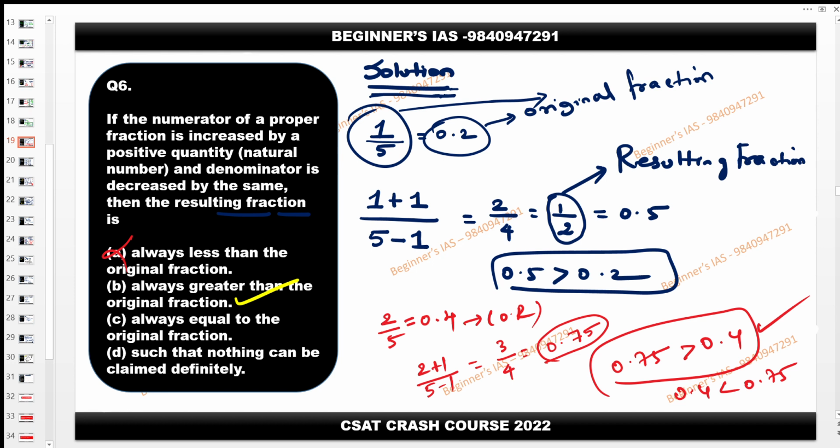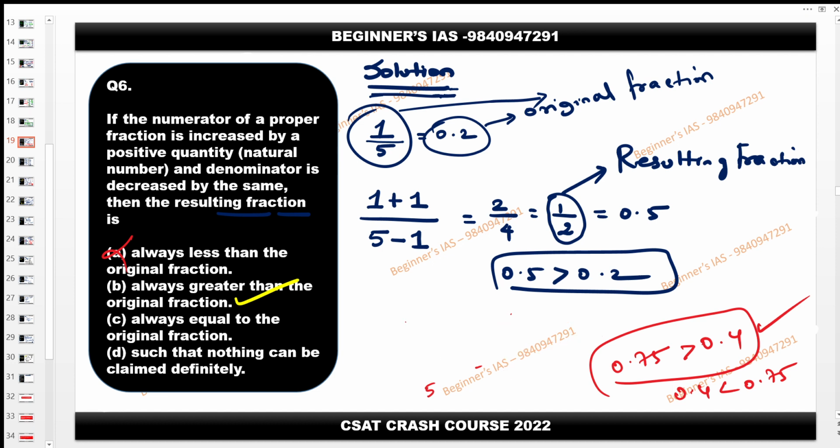Next we move on with the next one. Always equal? No. Such that nothing can be claimed? Definitely not. Here you can claim that the resulting fraction is greater than the original one. You can go by taking any proper fraction.